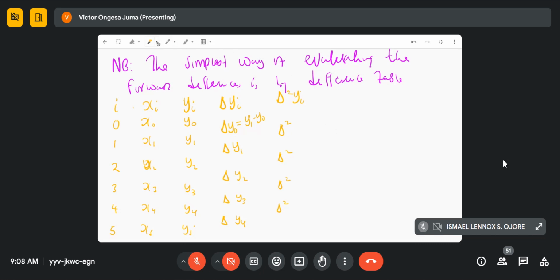This table will proceed, but maybe just to explain something. Can you check if I find this delta squared here? It means it's the forward difference of y1 minus y0, right? That means it's the second forward difference of what?